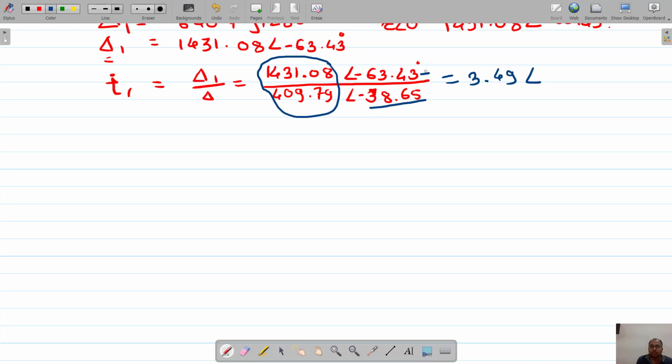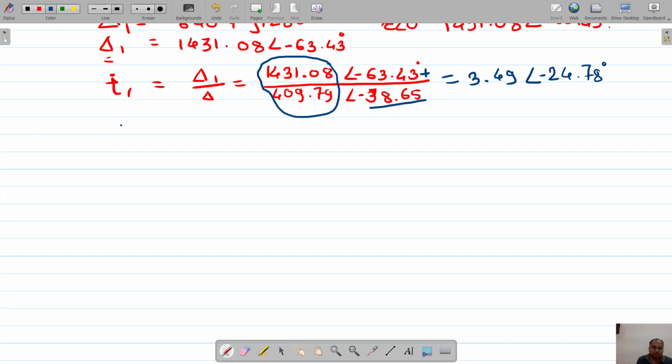So minus minus is going to become plus, right? So from 63 the 38 will be subtracted. So minus 63.43 plus 38.65, so it is coming as minus 24.78.